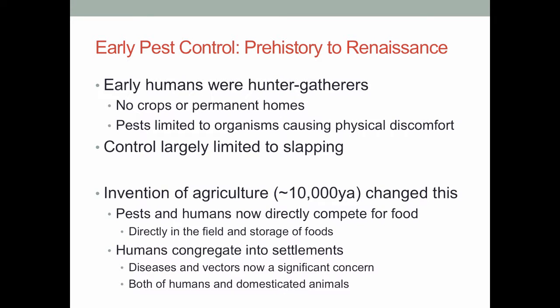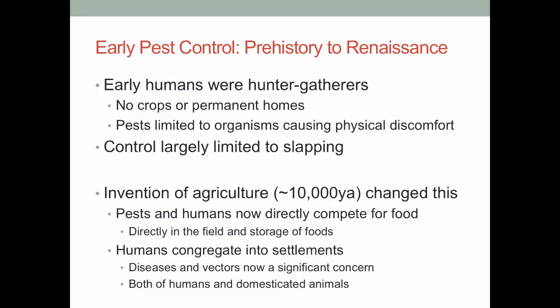And then we also see that during agriculture, humans start to congregate together into settlements. No longer are they nomadic folks traveling around, following whatever they're hunting or gathering. All of a sudden, you've got permanent homes and large concentrations of people, so you start to see diseases emerging. It's easier for diseases to hop from person to person if those people are close by.